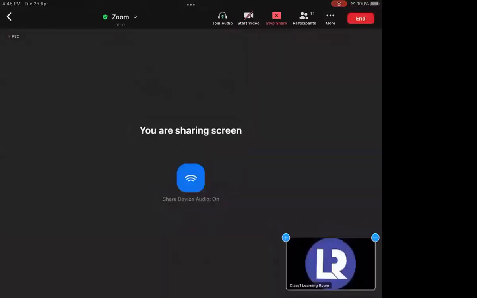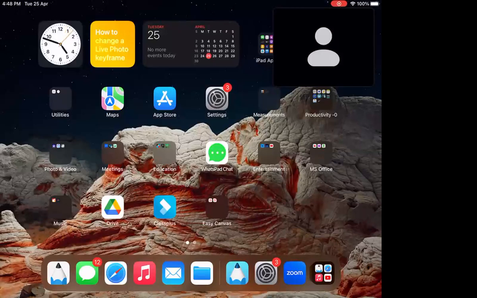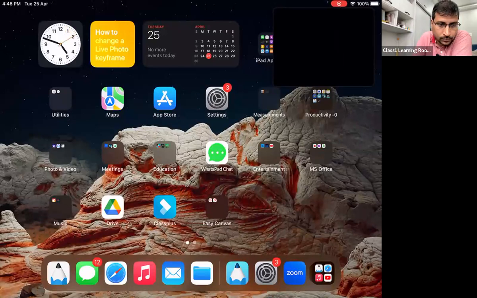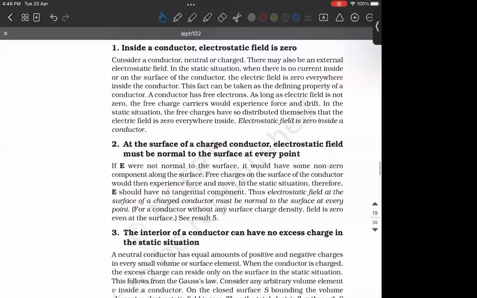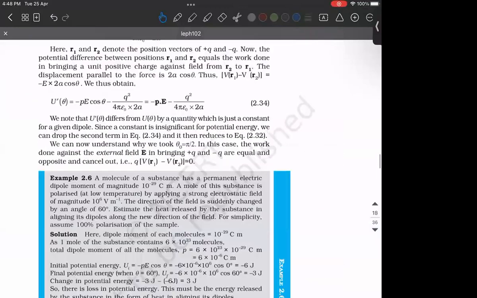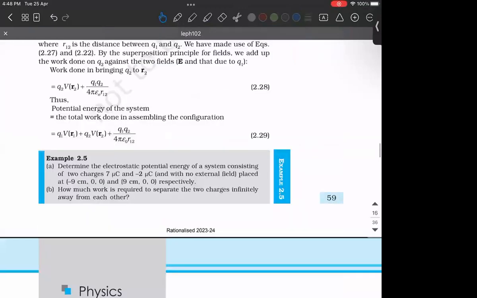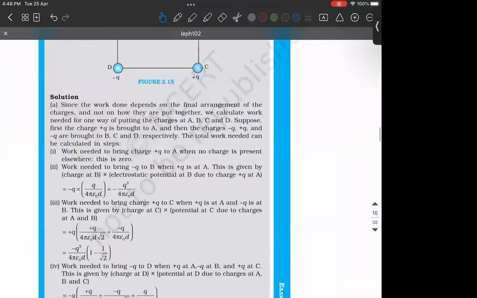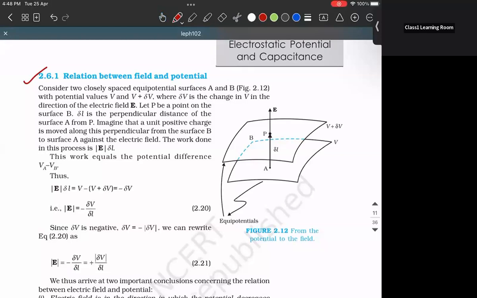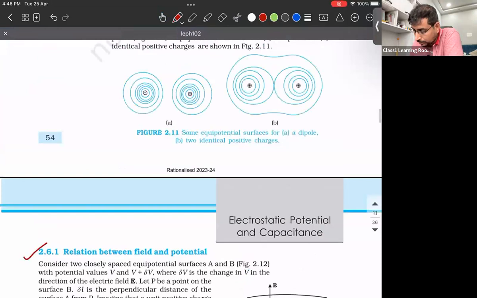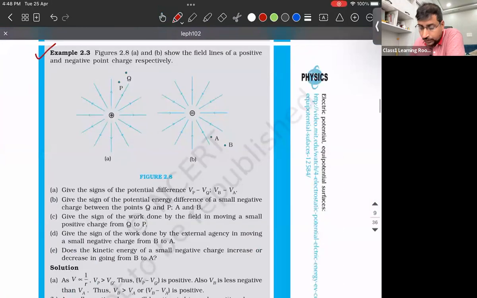Yes, sir. Yeah, this was the last concept we discussed yesterday, and the problem that we did was this one, 2.3, right?